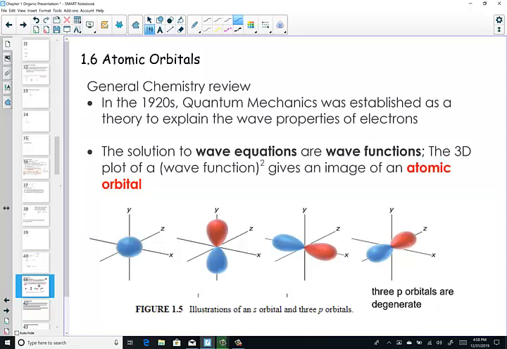The solution to these wave equations gave us wave functions, and these functions, which were psi squared, give us these images of atomic orbitals. We know that an S-shaped orbital is a sphere, and a P-shaped orbital looks like an hourglass.